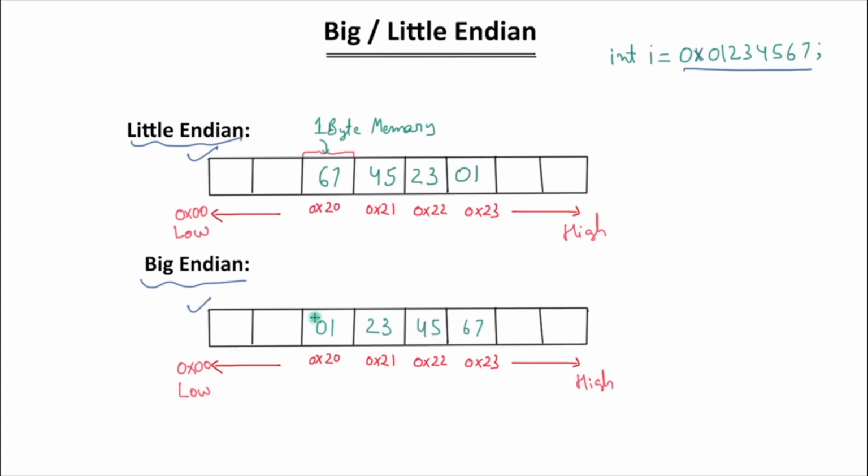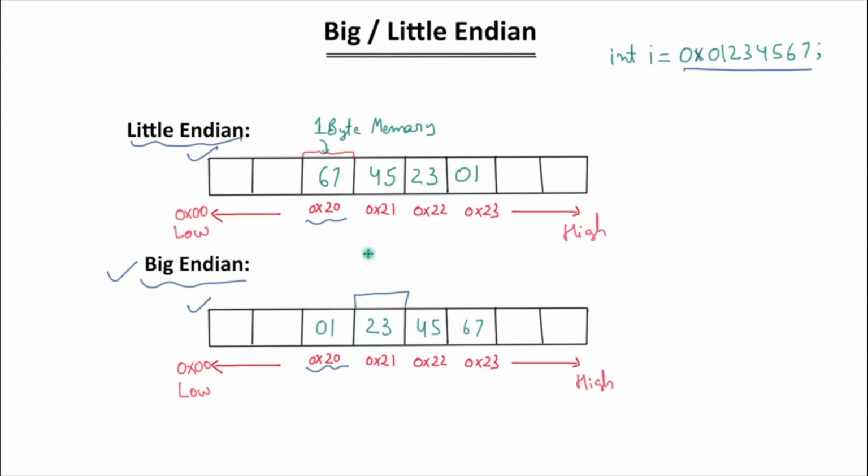This is your RAM, and this is the address, and this is also the address. If it is big endian, in that case the data is stored from lower to higher. See, this is address 0x20, this is address 0x21, and yes, each is a 1 byte address.